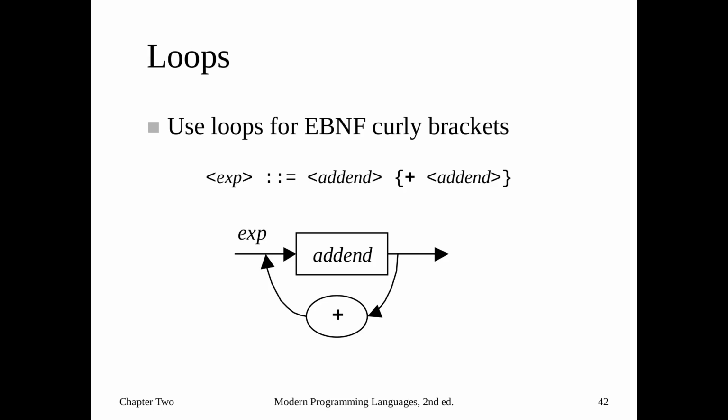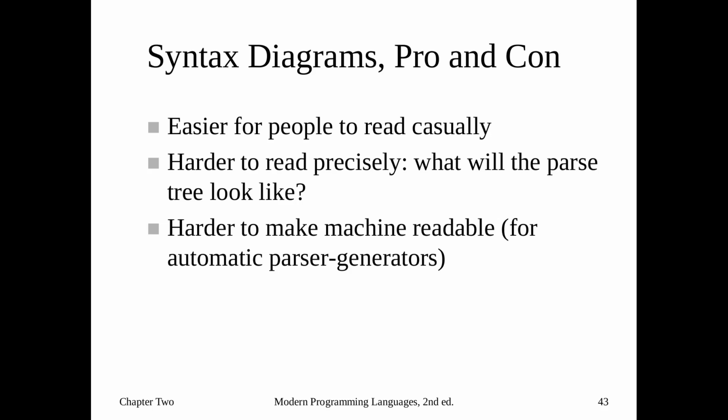For this one, it's the addendum, where we know that we have to have at least one addend item, and then we can have a plus, and then 0 or more pluses followed by another addend production.